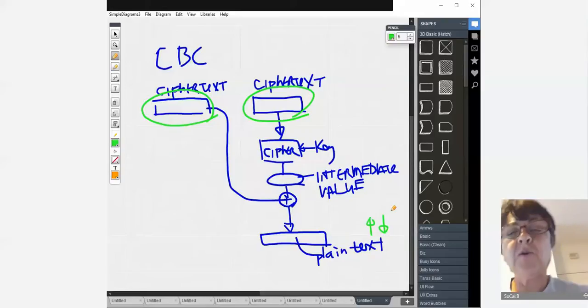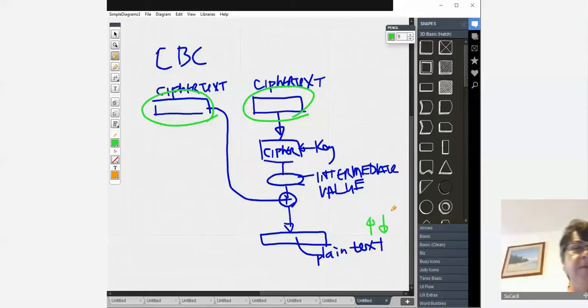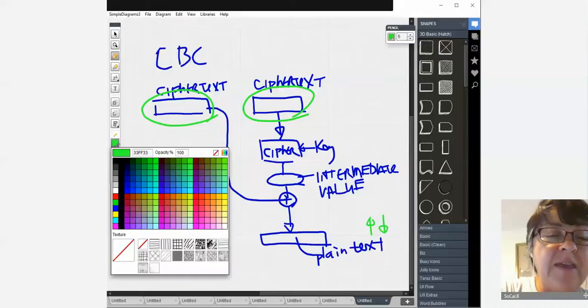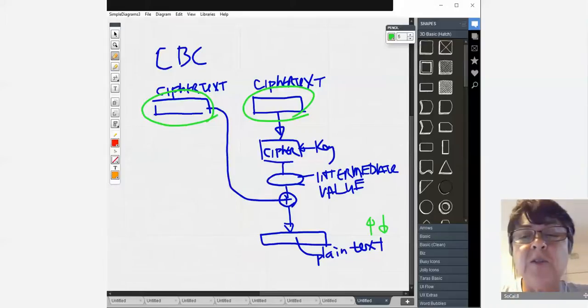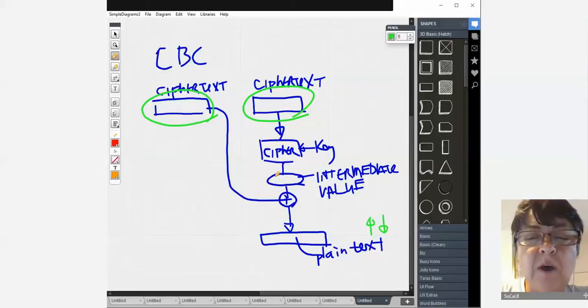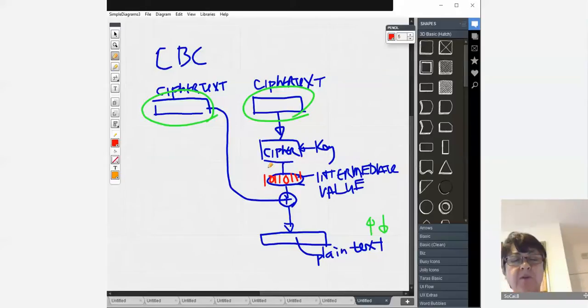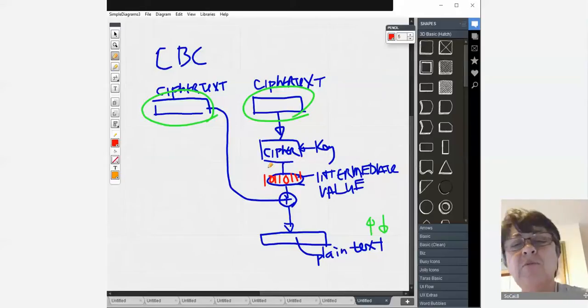Let's take a real simple example, and this is not realistic at all. Let's say the intermediate value is ones and zeros: 1, 0, 1, 1, 0, 1, 1, 1.